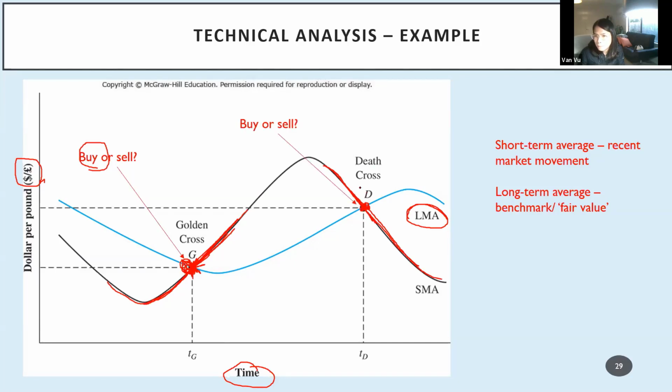So this illustrates how people use historical price movements to form their strategy, to form their forecasts for the future. As you can see here, we are basing our forecast on historical prices. As a result, implicitly we assume that the past information is informative for the future.